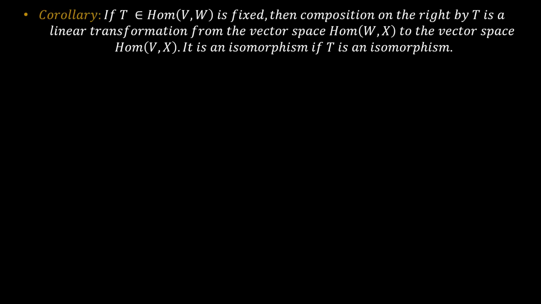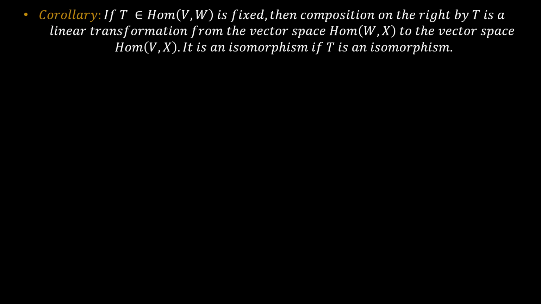This is just simply a derivation of what we've already seen previously. What this corollary says is that if T is a member of the homomorphism of VW, and that is fixed, then composition on the right by T is a linear transformation from the vector space homomorphism WX to the vector space homomorphism VX.